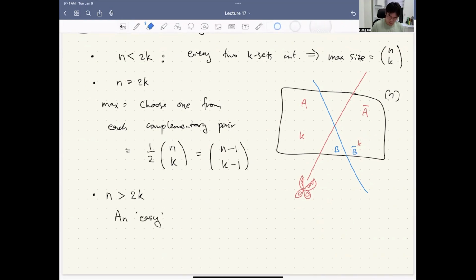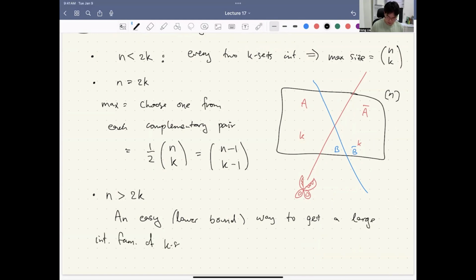If you've seen this before, it's easy, but otherwise it might take a moment of thought. An easy way to get a large intersecting family of k sets is to choose all sets containing a common element.